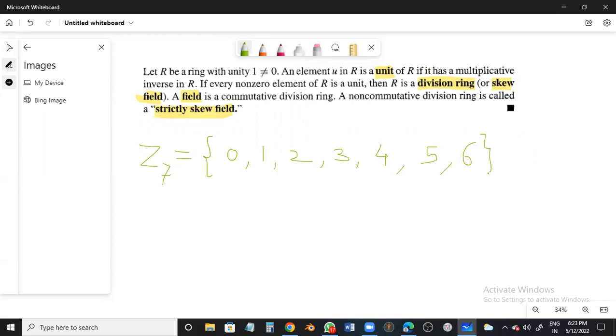Now what do you observe? We are saying an element U is called a unit of R if it has a multiplicative inverse in R. So 1 into 1 is 1, it has an inverse. If I go for 2, what is the inverse of 2 in Z7? I hope you have tabulated it.